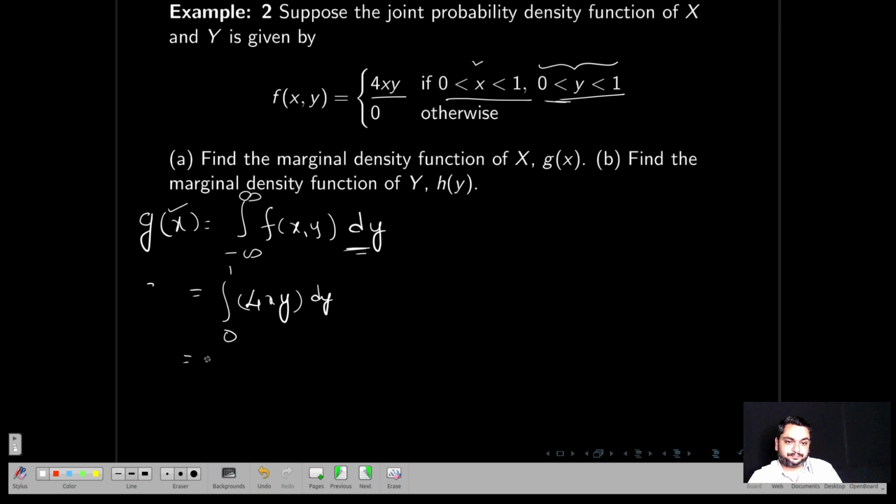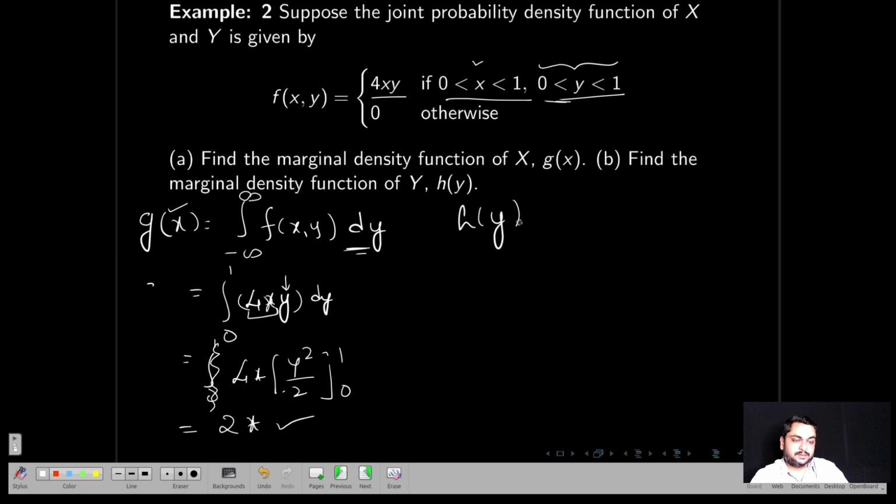This we will get as the integral from 0 to 1. So 4x is constant now because you are integrating over y. So x is treated as a constant, 4x. Then the integration of y dy is y square by 2 in the interval 0 to 1. So this is 2x. So this is the marginal density function for x. Similarly, h of y is equal to the integral from minus infinity to infinity of f of x comma y dx, because we are integrating over x now.